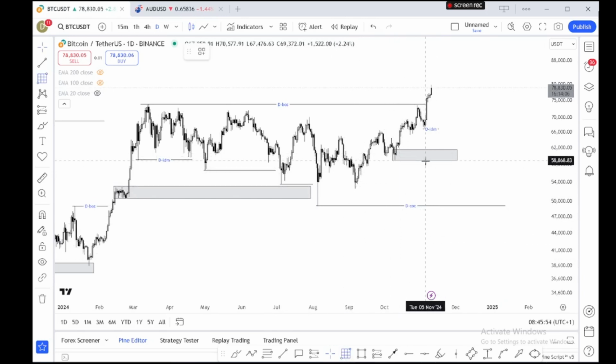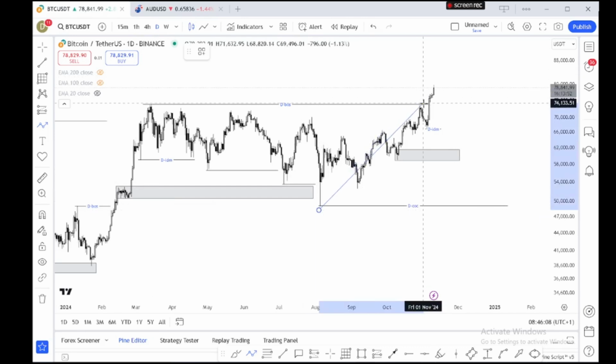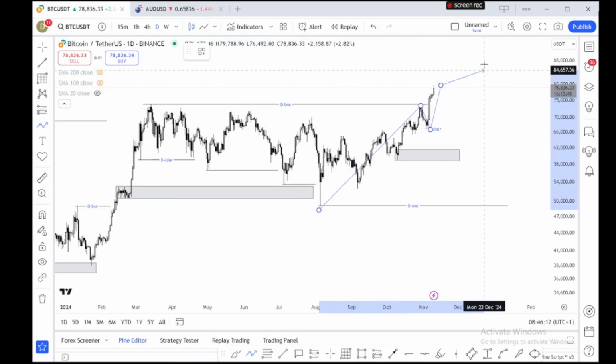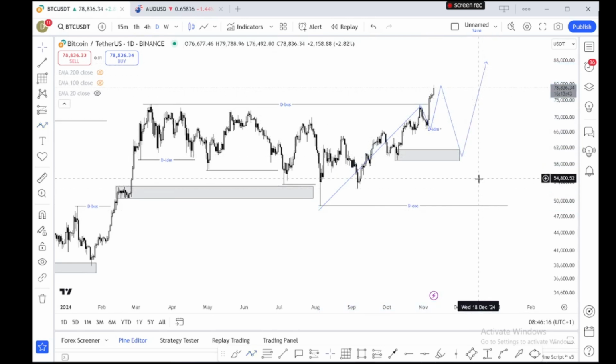This is the only valid POI. So I'll be looking for a buy if the market gives me 61,496. If the market comes back here, inducement, push back, come back, then I would love to buy at this level.